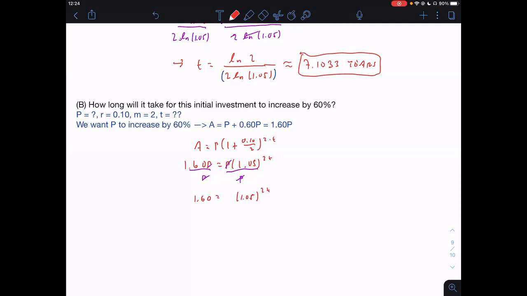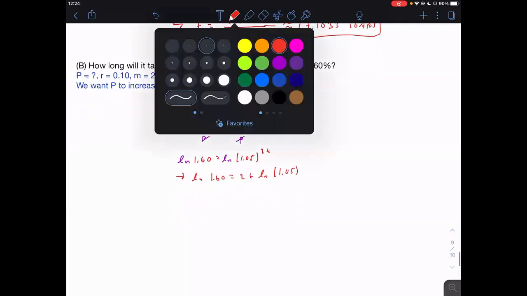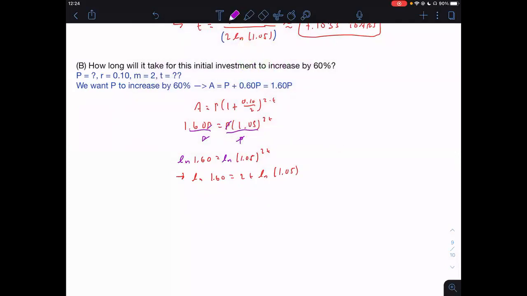And then once again, we want to bring that exponent down in order to solve for T. So we have to take the natural log of both sides. That's going to allow us to bring this exponent 2T to the front to give us the natural log of 1.60 equal to 2 times T times ln of 1.05. And once again, divide both sides by every factor multiplying T, which in this case is 2 times the natural log of 1.05.